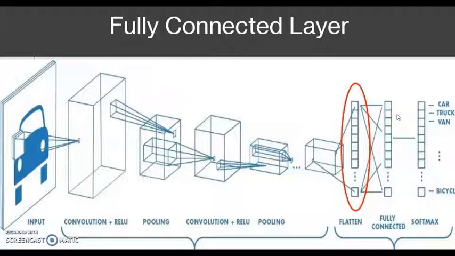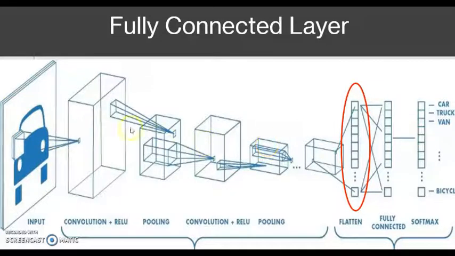So what's the purpose of this layer? In fact, it is to use the feature map from the output of the last convolutional layer to classify the input image based on the training data.